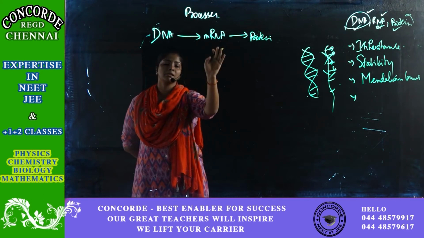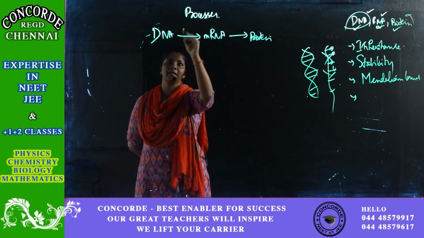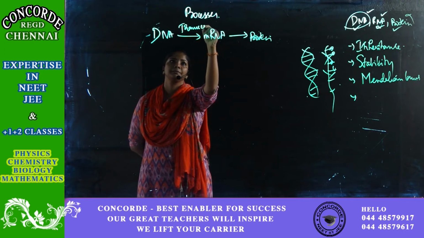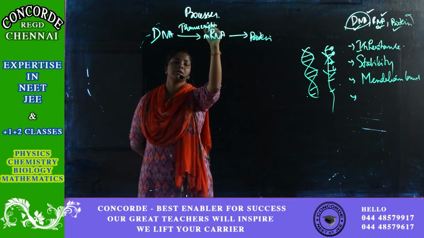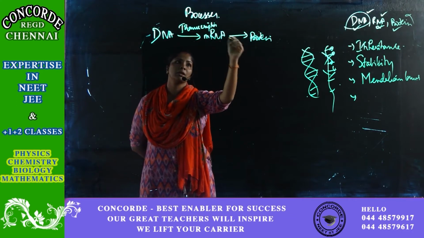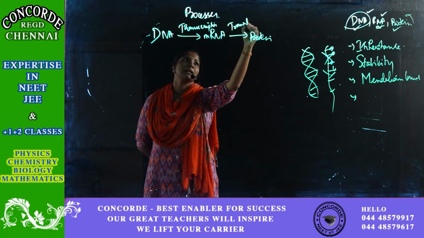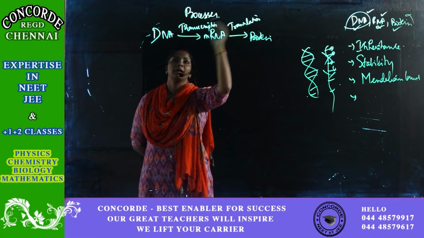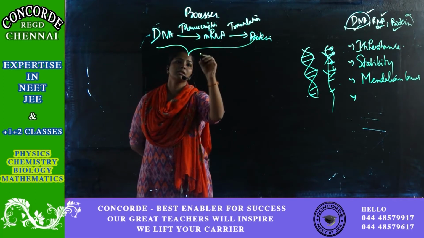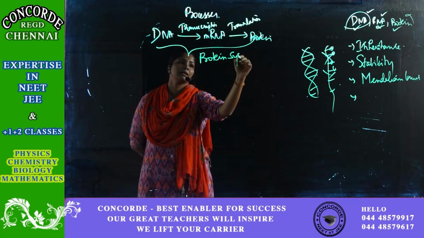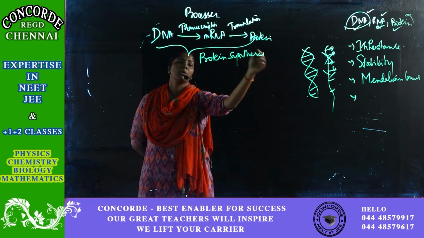The process of formation of mRNA from the DNA is called transcription. The process of formation of protein from the mRNA is called translation. Altogether, this is called protein synthesis.